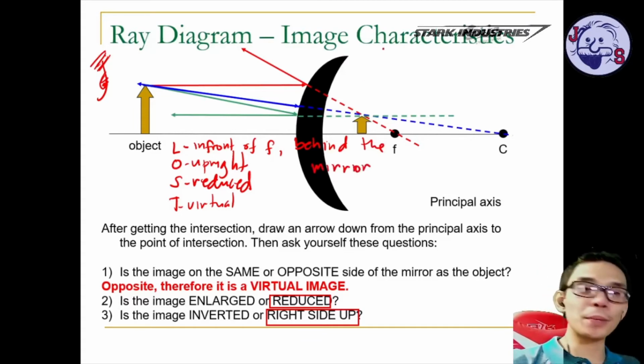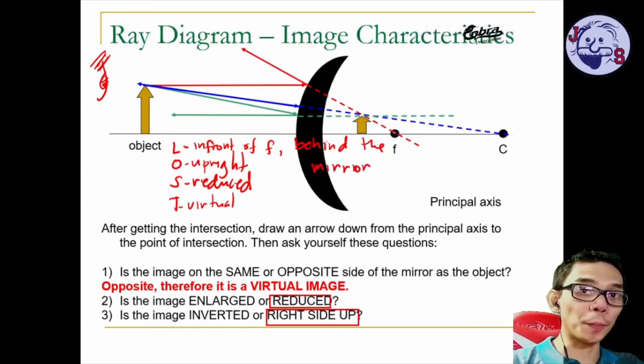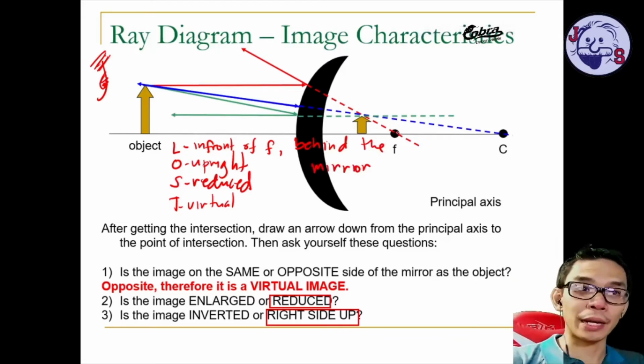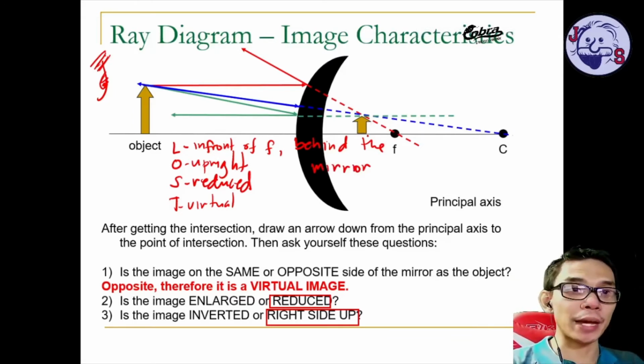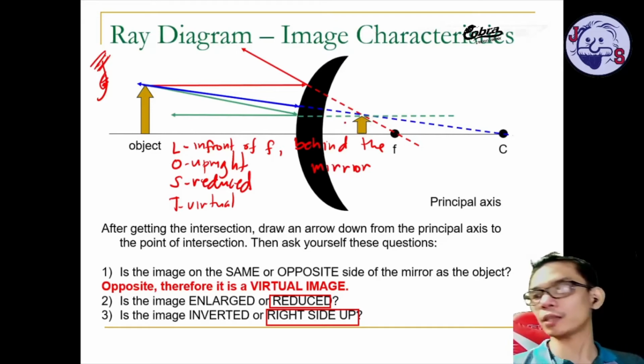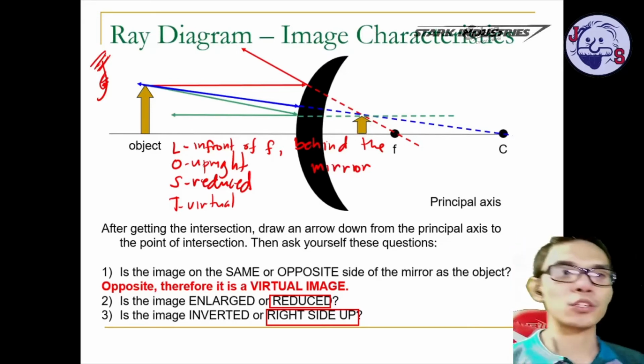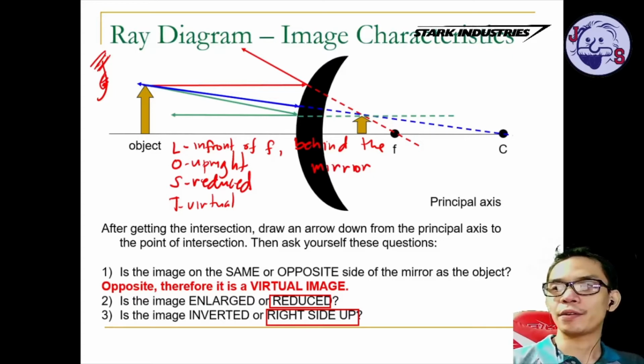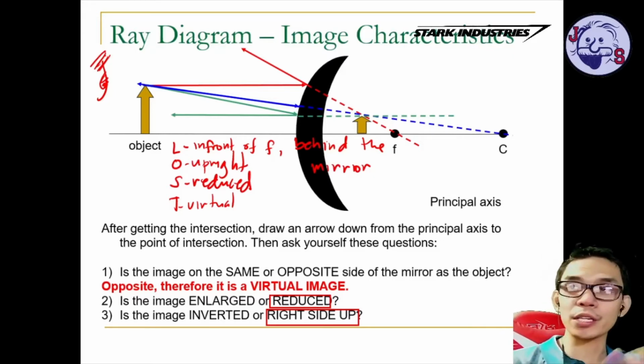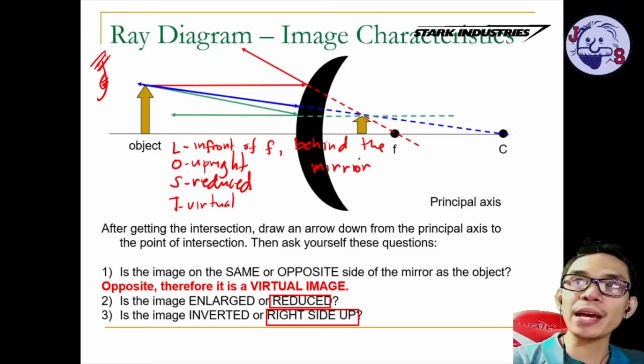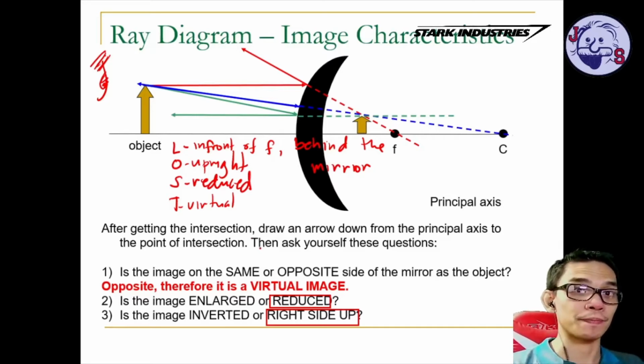Why behind the mirror? Because the image is formed on the opposite side relative to your object. So that's the reason why we can answer behind the mirror as your location.